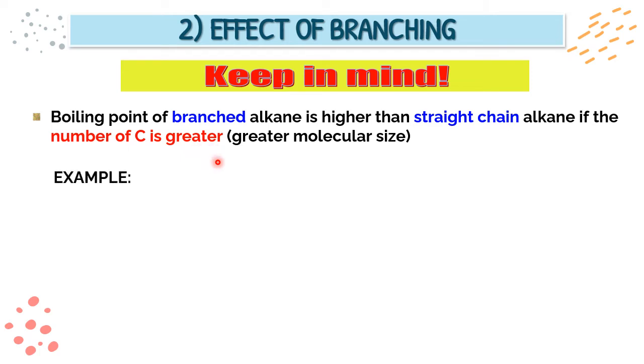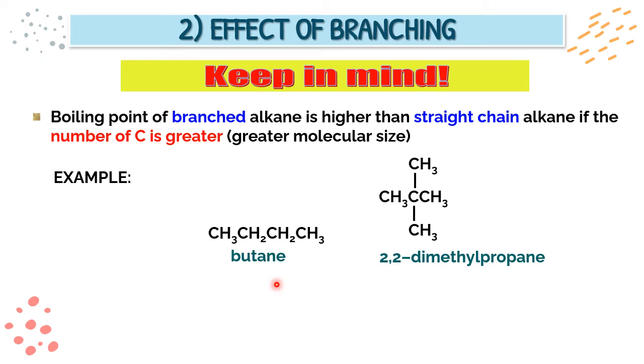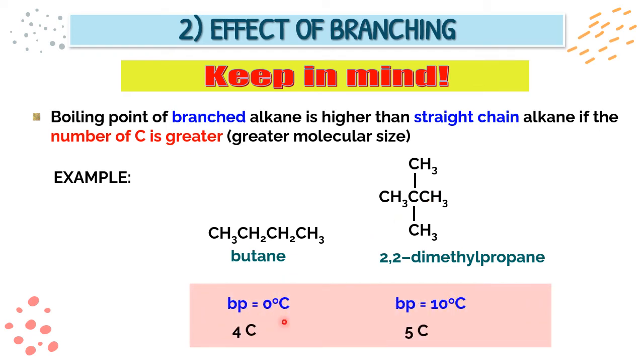For example, here I have butane and 2,2-dimethylpropane. In one glance, 2,2-dimethylpropane has more branches, so we would think it will have the lower boiling point due to the branching. But you need to look closer, because butane only has 4 carbons.